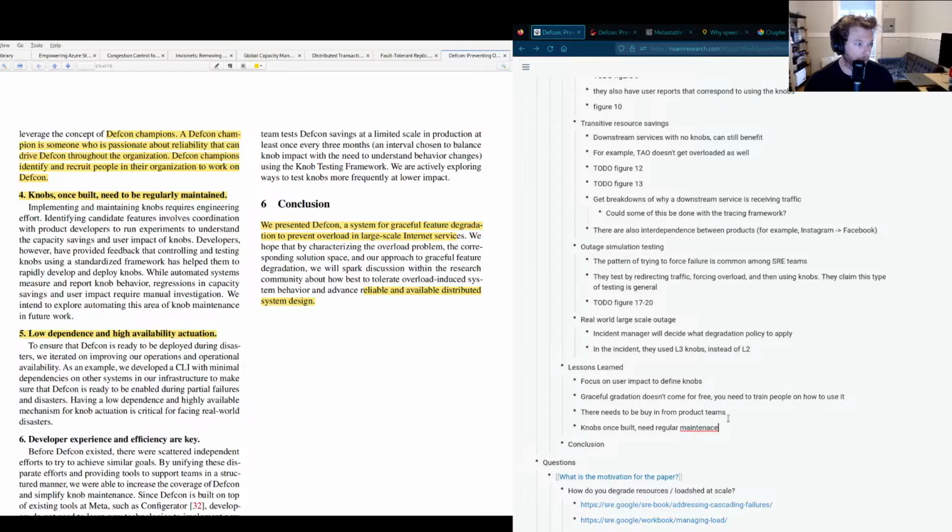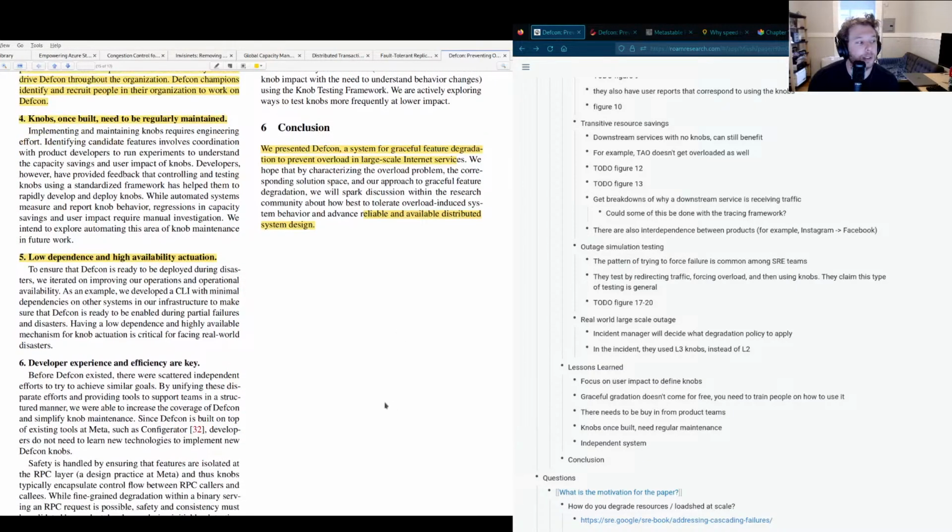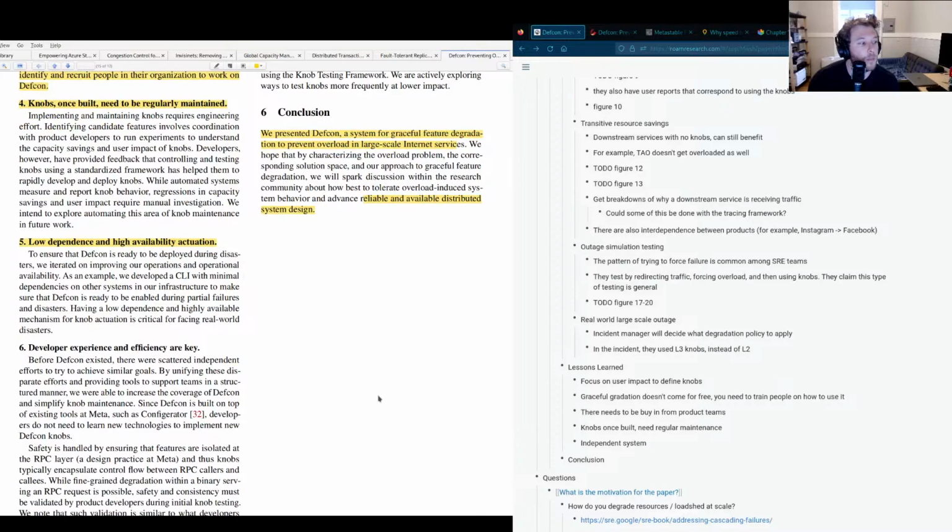So they also have some independent system. The system honestly doesn't seem super complex. Like, it's a MySQL database and there's a CLI to it. And then maybe they piggyback on the other mechanisms. So anyways, I think that this part of the design still really does matter though.